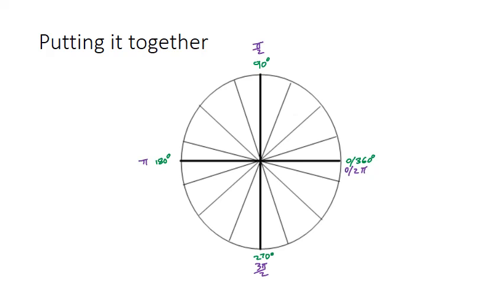And then we can fill in our values on the unit circle. As long as we know quadrant 1, we can figure out all the other quadrants.